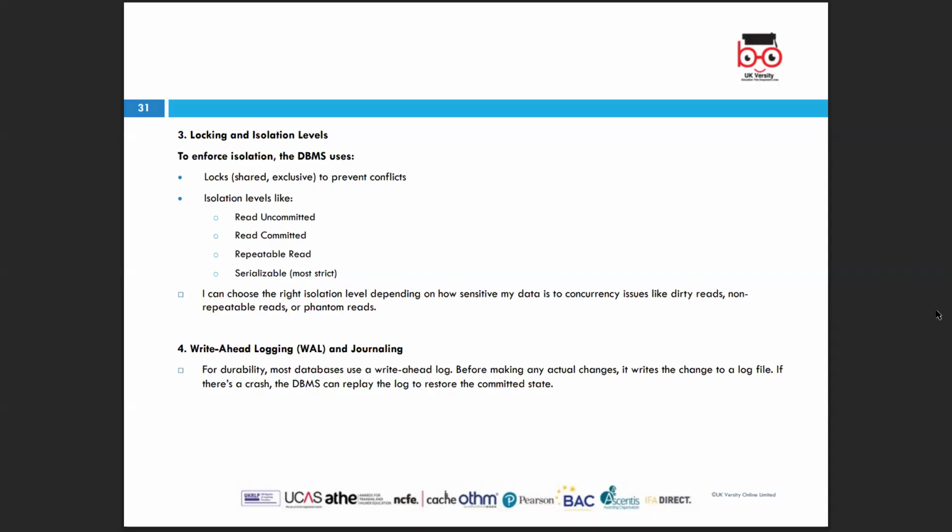Write-ahead logging. For durability, most databases use a write-ahead log before making any actual changes. It writes the changes to a log file, so if there's a crash, the database management system can replay the log to restore committed states.